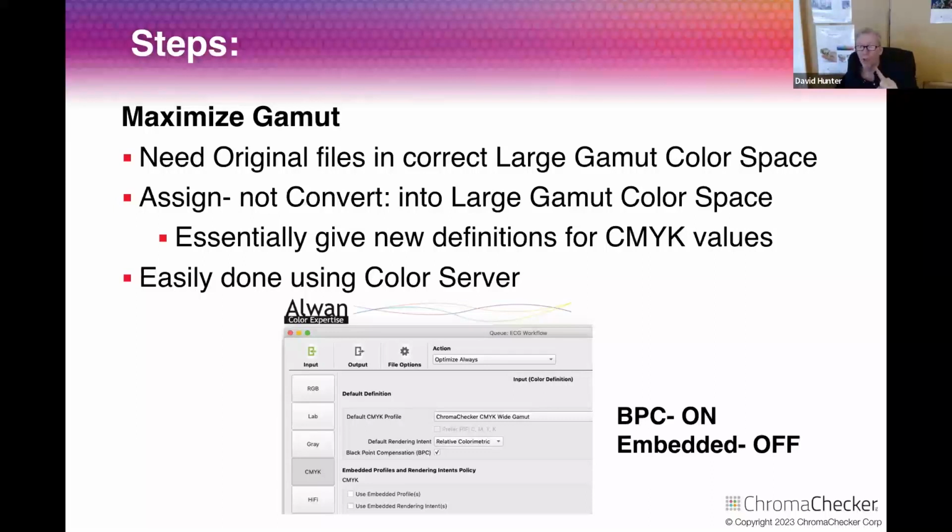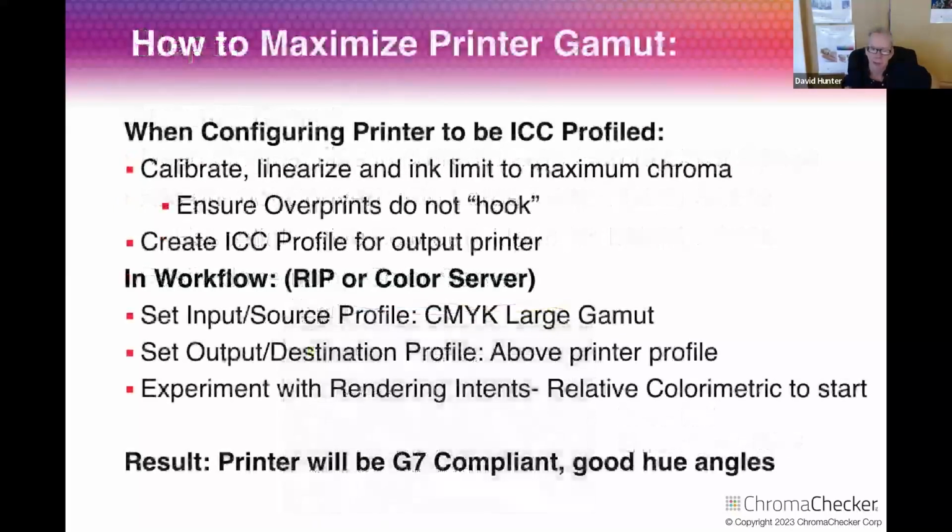You don't want to do that when you're doing a match, but when you're maximizing gamut, you definitely want your black point compensation on. And the embedded profile in this scenario, you actually want off, because the file might have an embedded profile of Grackle, but if you leave it in Grackle, you won't get the extra gamut that print wide has. So by turning embedded profiles off, you're forcing everything into this CMYK large gamut, so you can be assured to get the large gamut out of your print device. And again, with rendering intents, you want to experiment with that.